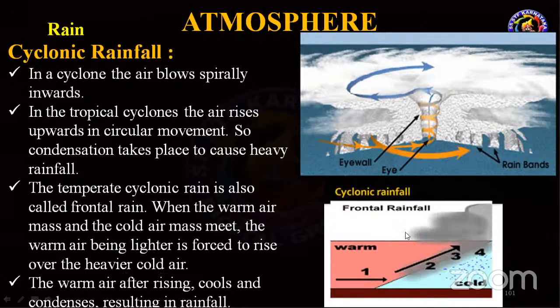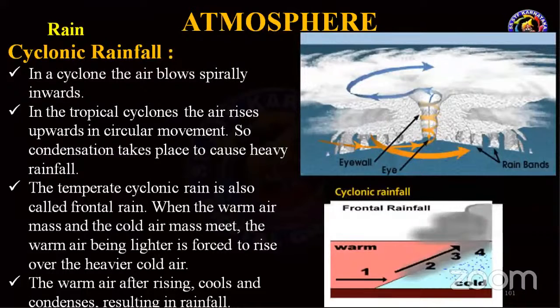You look at this picture here, the second picture, a frontal rainfall, to understand this sentence. When the warm air mass and cold air mass meet, the top here is warm air and the bottom is cold air. Whenever both meet, in this situation, warm air is forced to rise up due to its light weight.